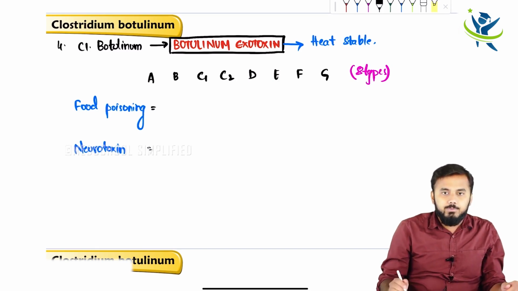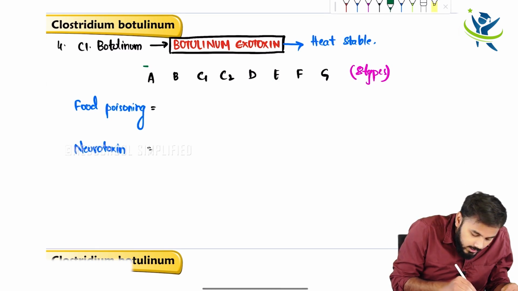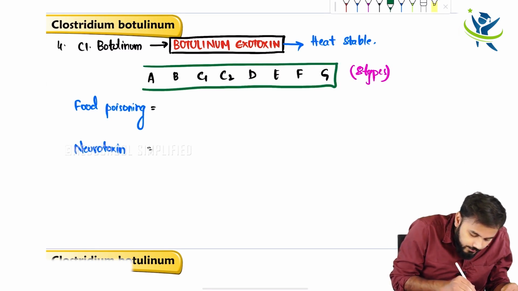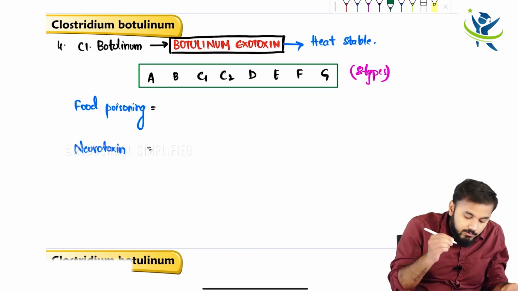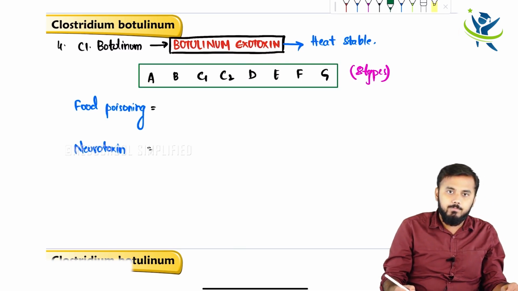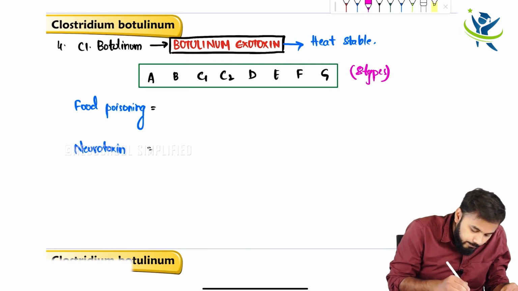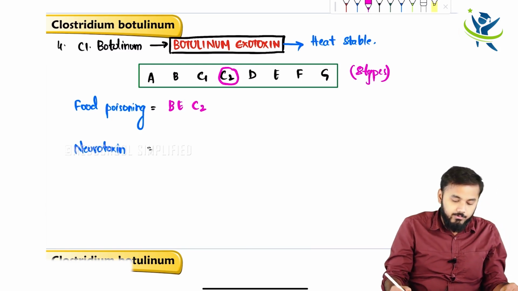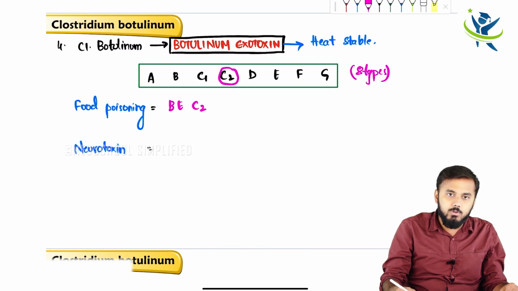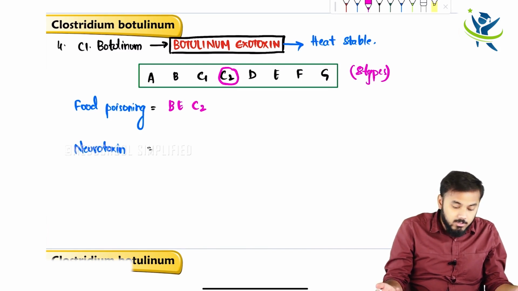Out of all these 8 different types of botulinum exotoxins, which is the one that is responsible for causing food poisoning? That is botulinum exotoxin C2. The C2 variant is responsible for causing food poisoning. Then what about the remaining?